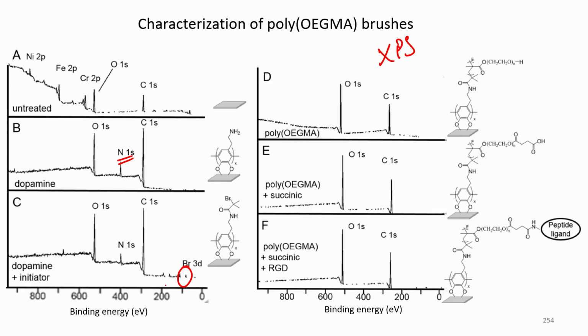As we went further ahead, once the polymer was put in, the polymer is mainly composed of oxygen and carbon, so that is what you predominantly see on the surface. Then you can further modify it to get to your peptide ligands, which are again all carbon and oxygen based, so you do not really see much change in that scenario.